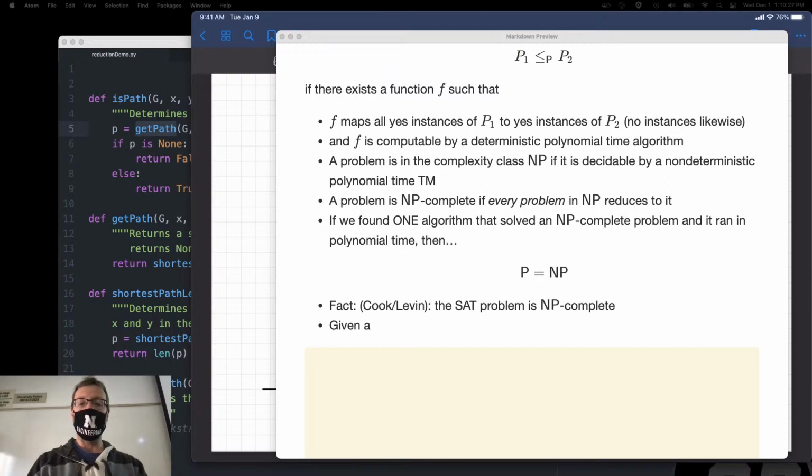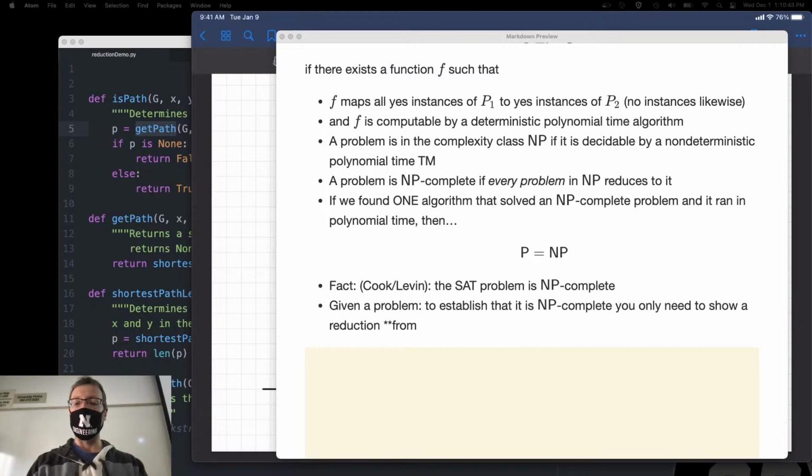So given a problem, to establish that it is NP-complete, you only need to show a reduction, and I'm going to emphasize this, from a known NP-complete problem to it, right?